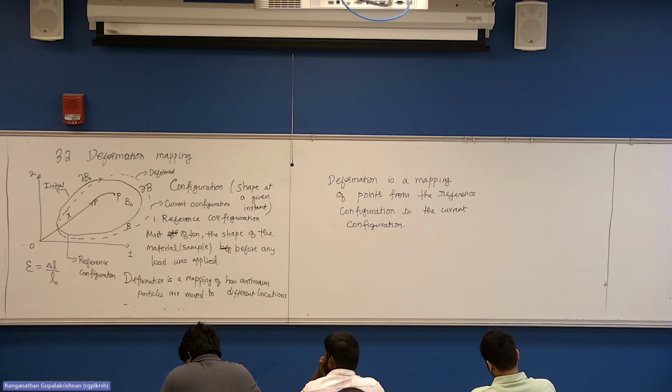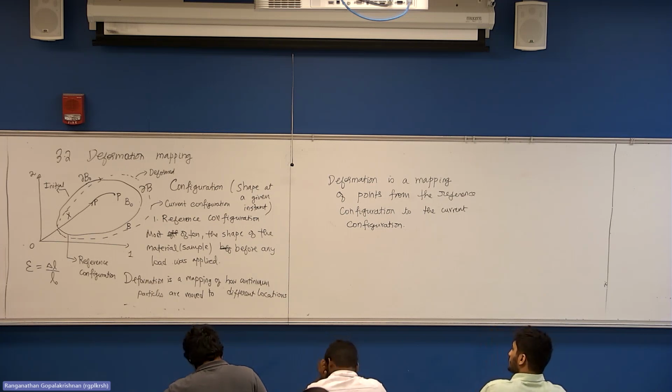So I'm just reading a couple of sentences from section 3.2. This is the first sentence. A body B can take on many different shapes or configurations depending on the loading applied to it. We choose one of these configurations to be the reference configuration of the body and label it B0. The reference configuration provides a convenient fixed state of the body to which other configurations can be compared to gauge their deformation.